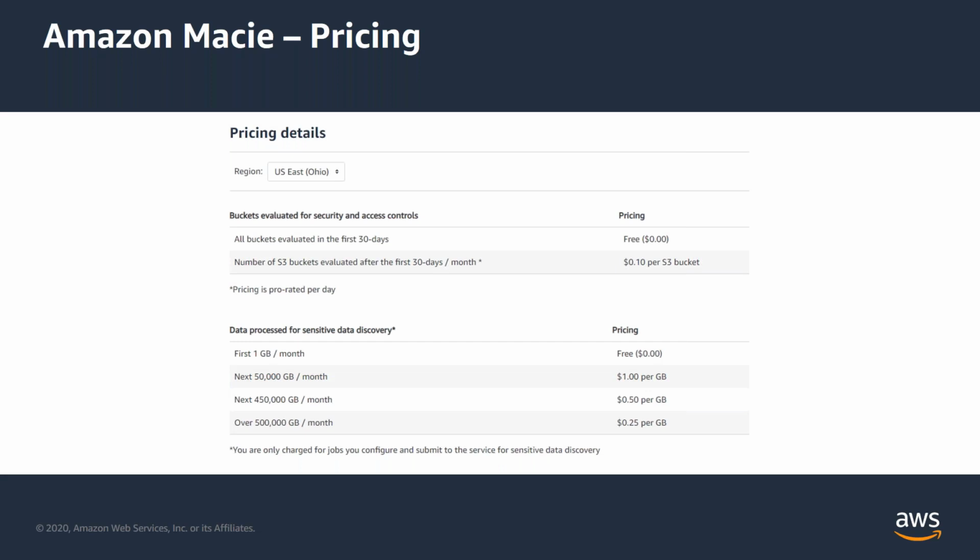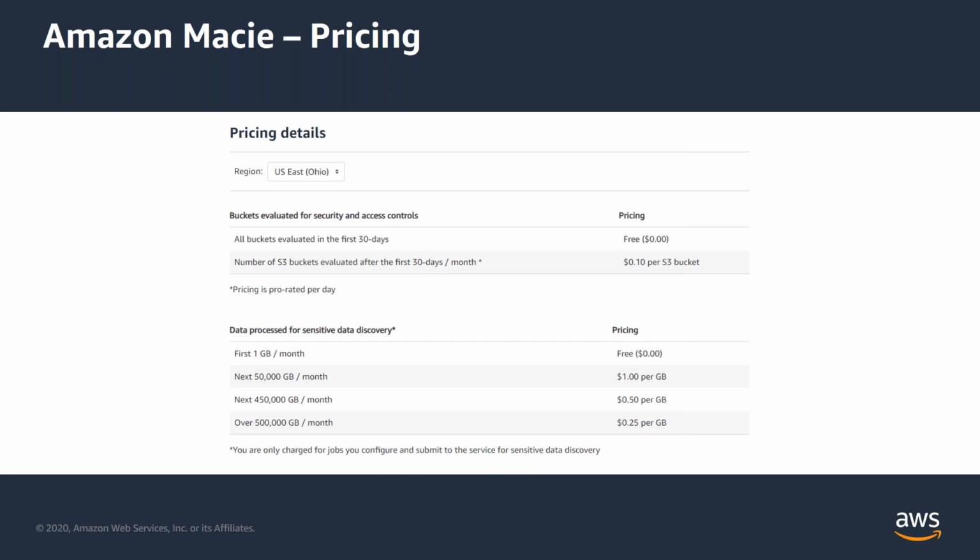This is highly attractive for customers to get started within the free trial, and then after that, control how much volume of data they want to process by using the sensitive data discovery jobs for inspection.